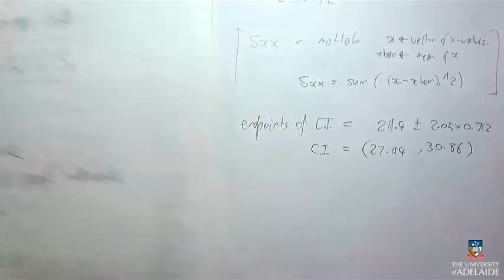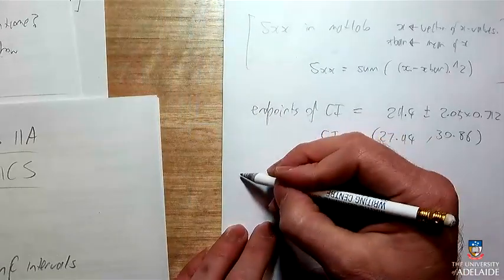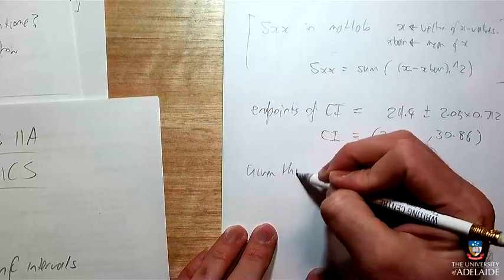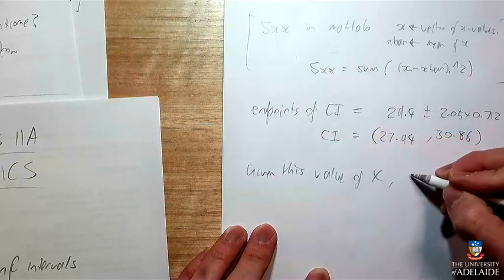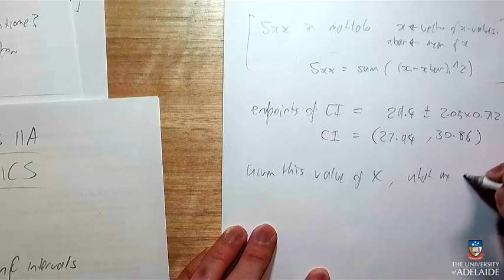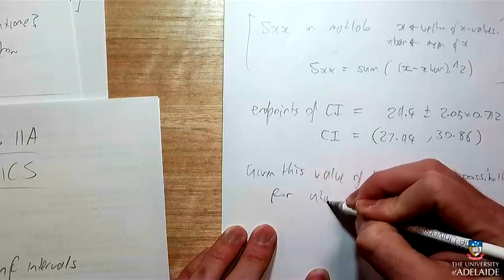Okay, next question that we want to answer is, given this value of x, what are the possibilities for what y could be?